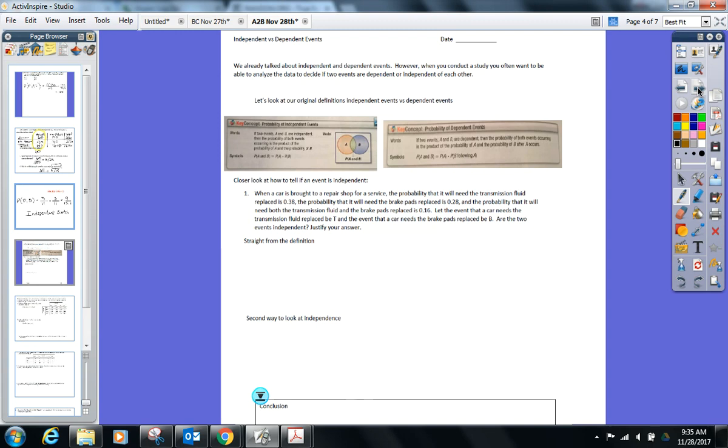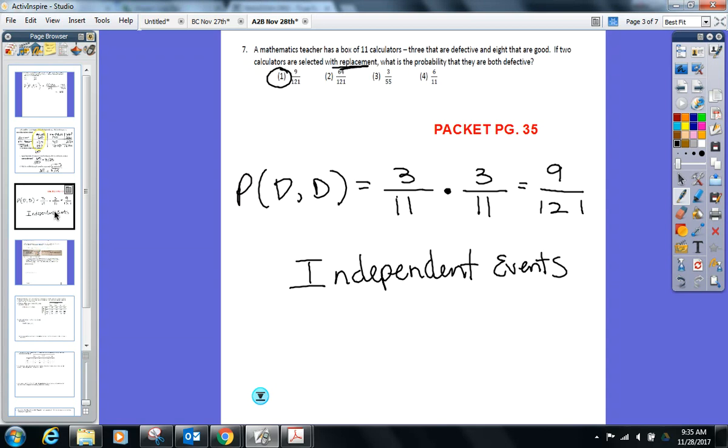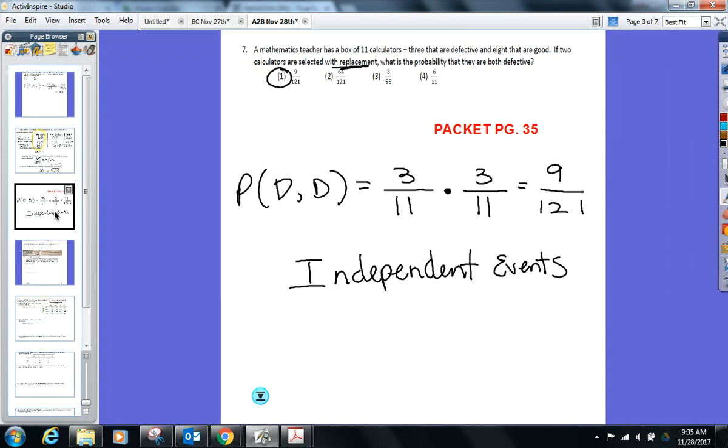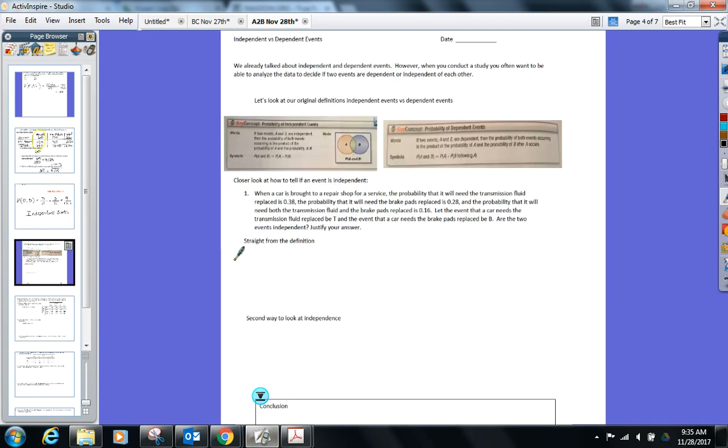So here's how we're going to test today. 2 ways we're going to test. First way is exactly how we did this one, how we just did the 2 defective calculators. And that is straight definition, probability of transmission fluid and brake pads.